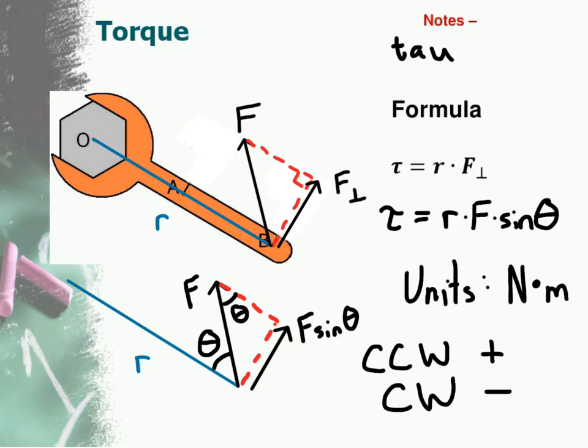So if you are pushing something to rotate it in a counterclockwise direction, that would be considered a positive torque. On the other hand, if you are pushing on something to rotate it clockwise, like this, that would be considered a negative torque. Okay? So the sign of this totally depends on the direction that it would rotate something, clockwise or counterclockwise. It does not depend on the direction of the forces whatsoever.